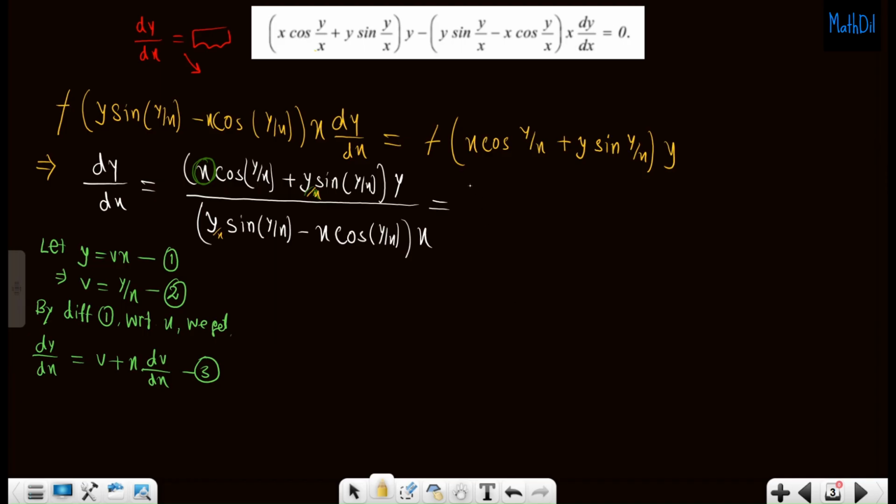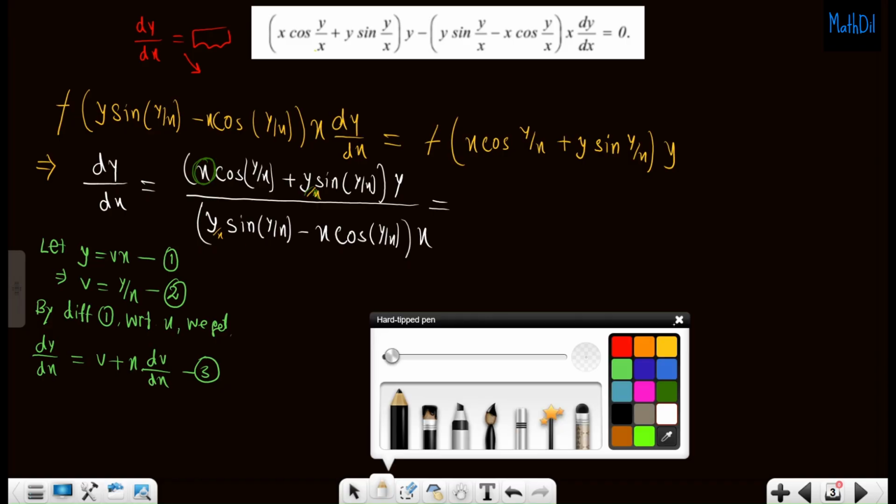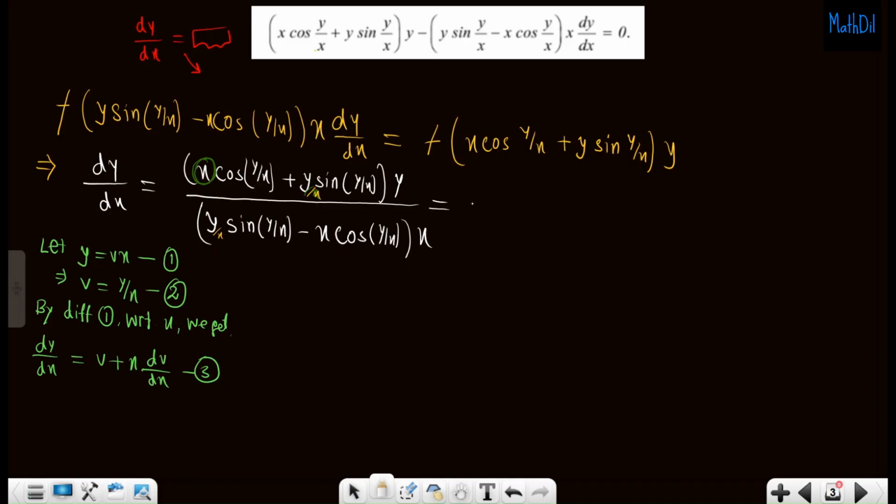So taking x as common, what will you get? It will be cos y by x, plus if you take x as common, then it will be y by x, and it will be sin y by x. x is common, so it will be xy.